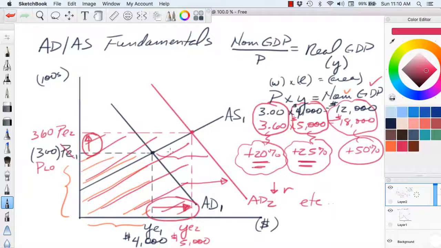And these numbers don't add up because if you look at this, this is the 20% increase right here. And then what you did is you showed the increase in price against a constant y.